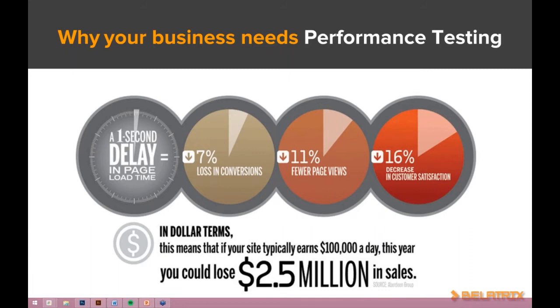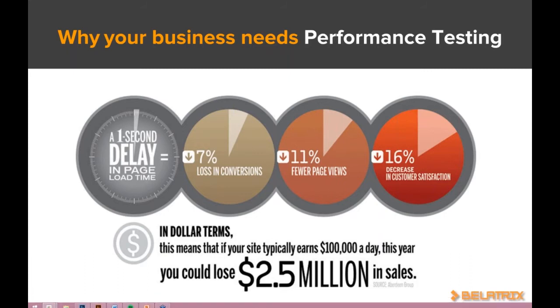But what does that mean in money terms? It's important, right? Money is always important. Well, it means that if we earn 100,000 per day in sales, we could lose 2.5 million per year, which is a lot of money, right?